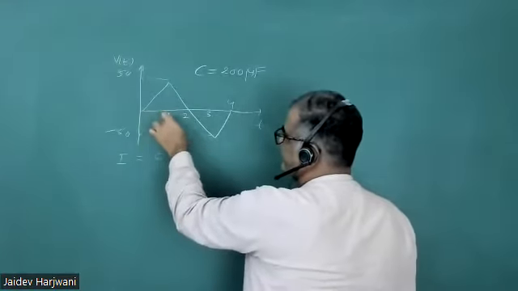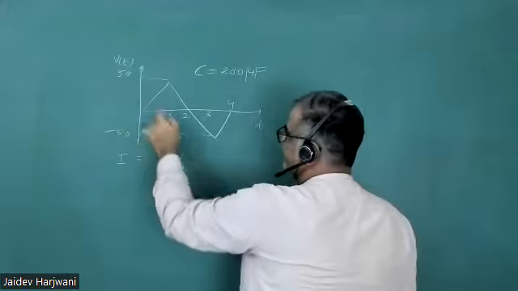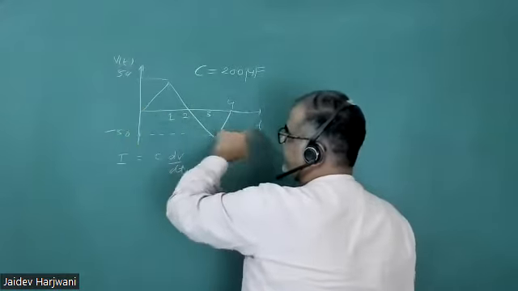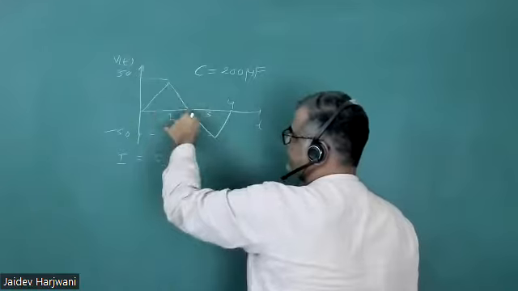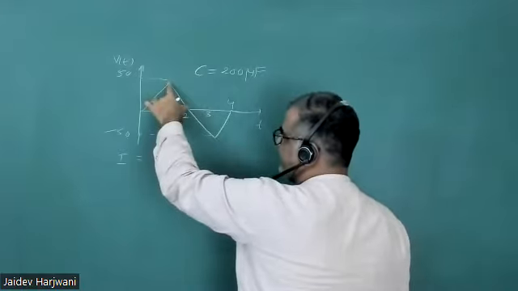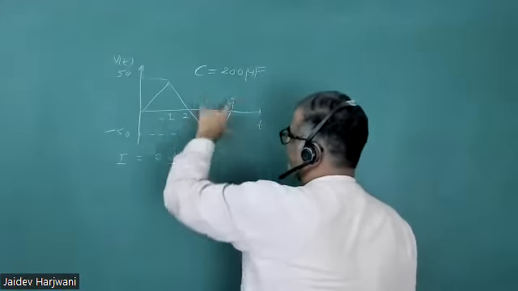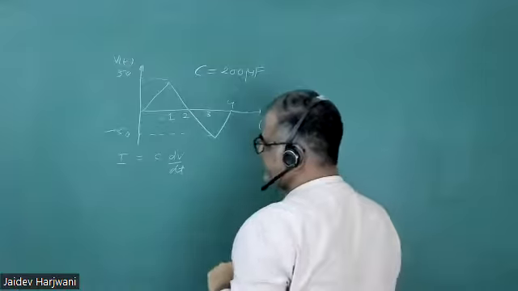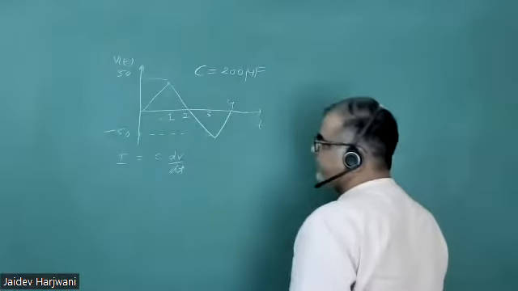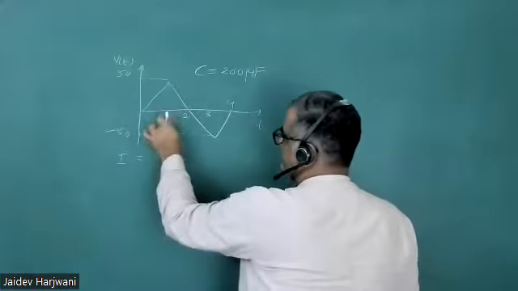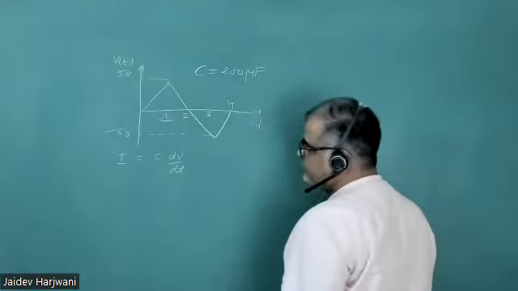What is the current when V is increasing with time? And when this is the slope, this is dV by dt, then what is the current? This is the same slope, the same slope, the same slope. There are 3 intervals.